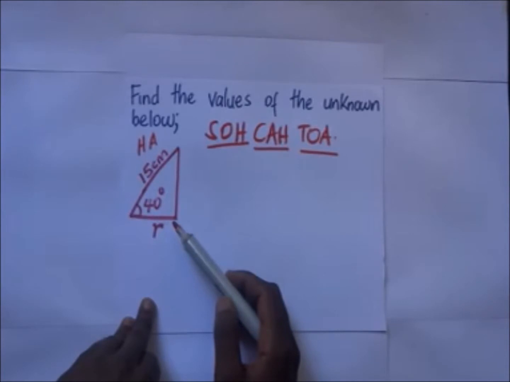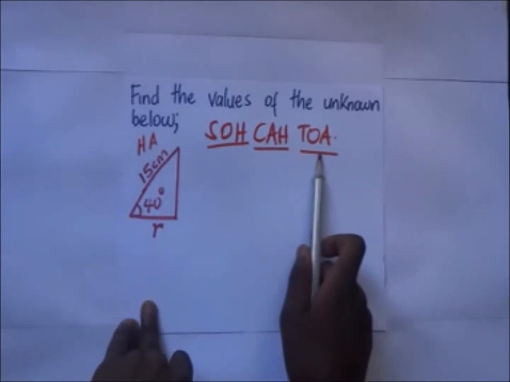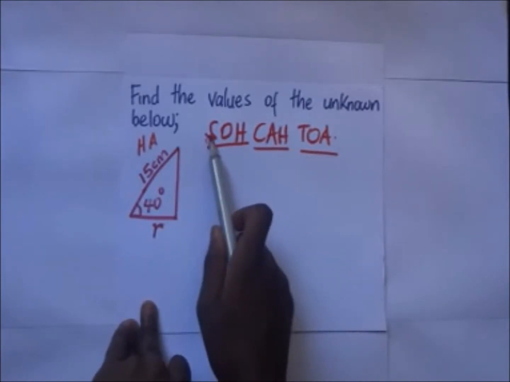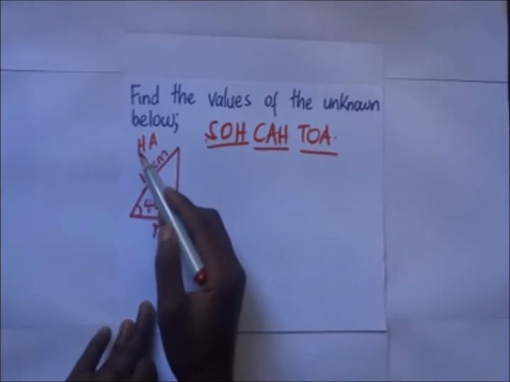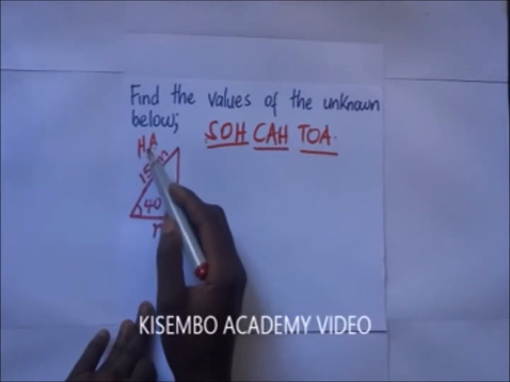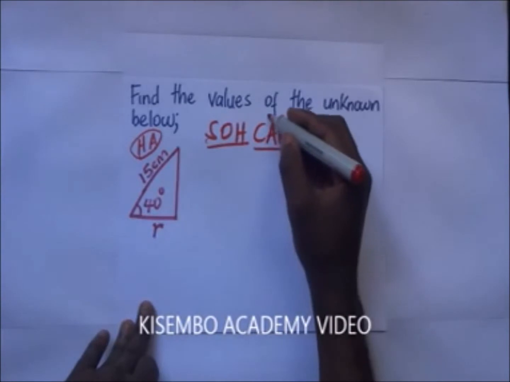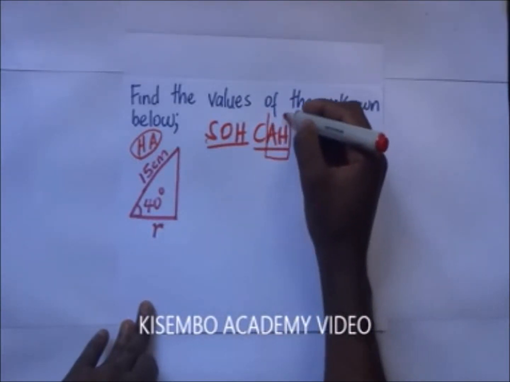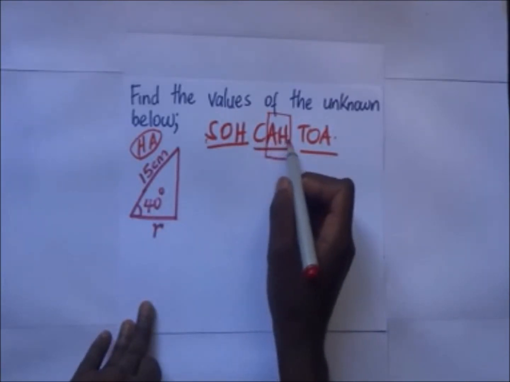So what can we use to find r? Should we use sine, cos, or tan? Now if you look, we only have adjacent and hypotenuse, so we are going to use cos. Cosine of this angle is going to be adjacent over hypotenuse.